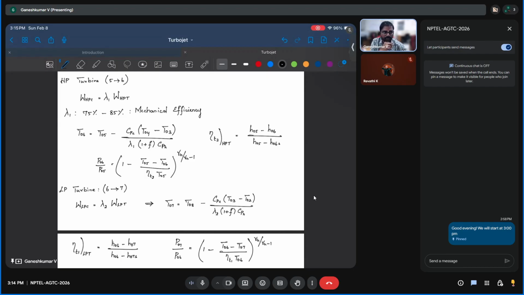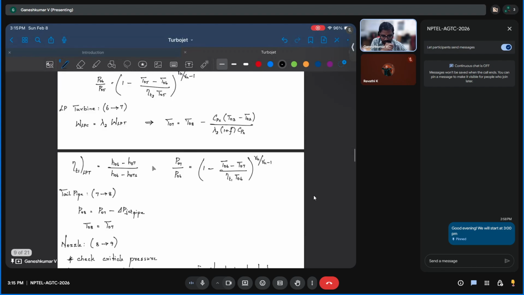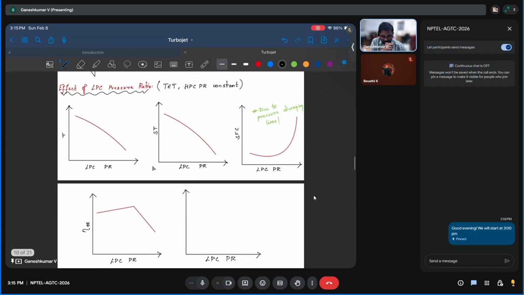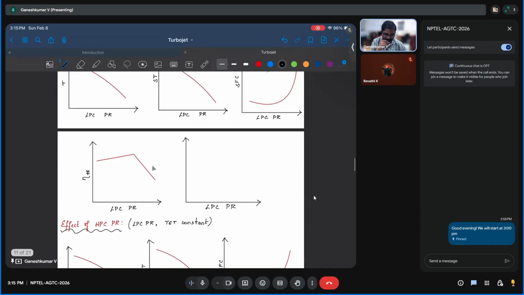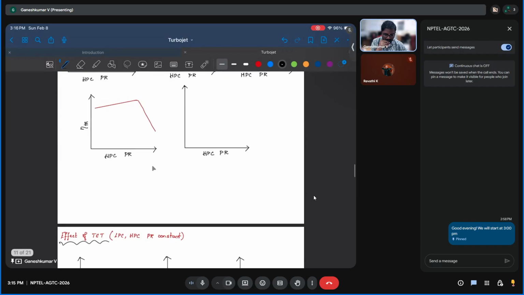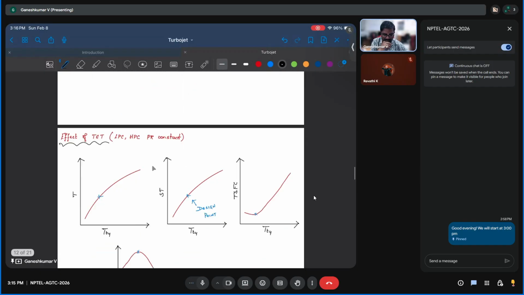The calculation has to be done twice, for each compressor and turbine. Otherwise, it's pretty straightforward calculation. And then we also saw how these parameters affect thrust, specific thrust, TSFC, and all the other things, efficiency.